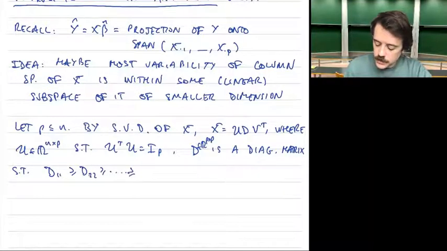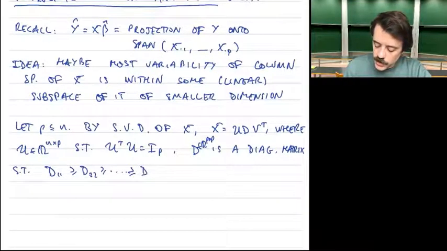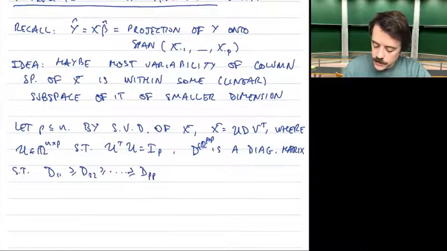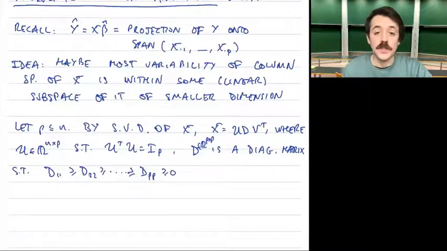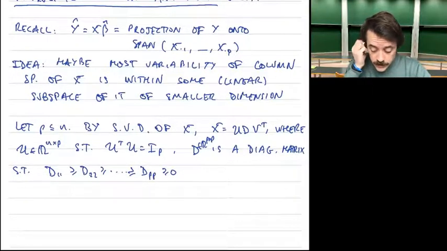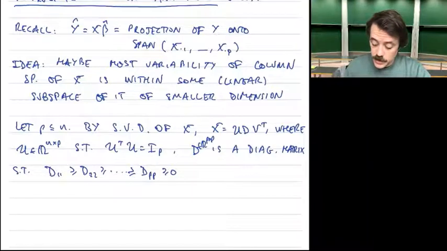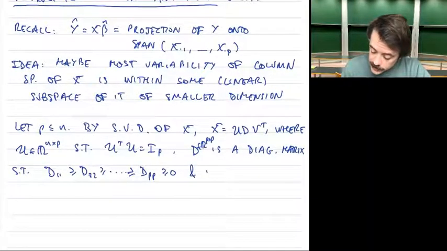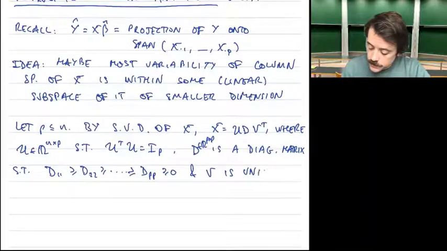This just means that they are ordered in decreasing order and are non-negative. Well, it's not an assumption, it's a conclusion. And then the last thing is that V is a unitary matrix.